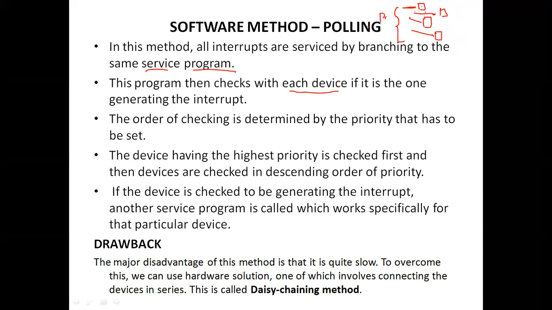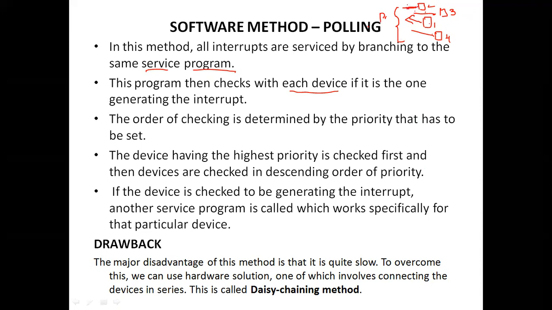As I have said, suppose this one has the first priority, this second priority, this third priority, and this one fourth priority. The CPU will check first this one as it has the first priority. It will check whether this one has sent the request or not. No, this has not sent. Next, it will check the second one.